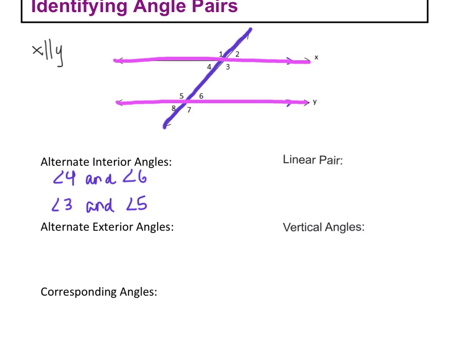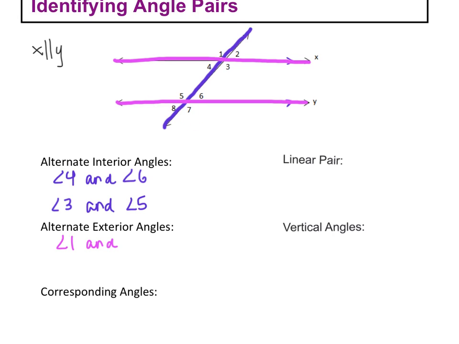All right, alternate exterior. So that means alternate sides of the transversal and exterior. So we're looking at our outside angles here. So we can start with angle 1. Angle 1 is an alternate exterior angle pair with, now it can't be with angle 2 because those are in the same group of angles. So we need either 8 or 7, and we need the one that's on the alternate side of the transversal.